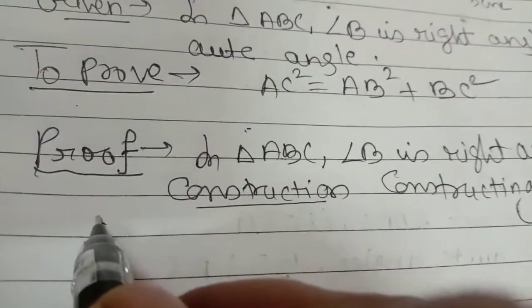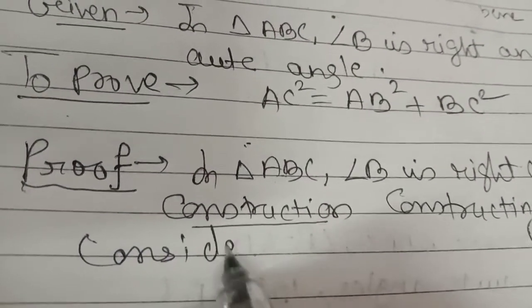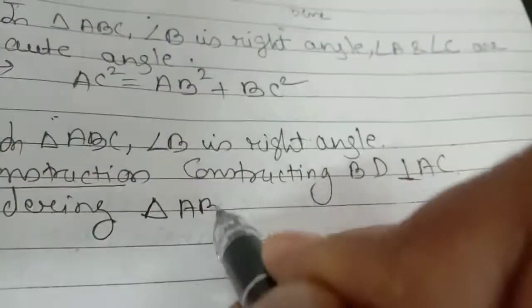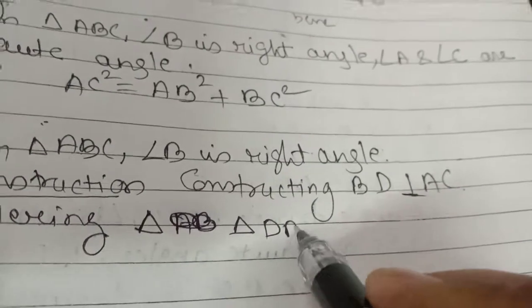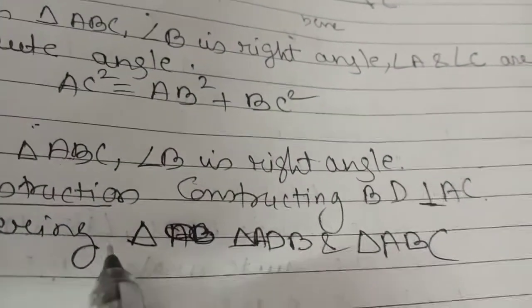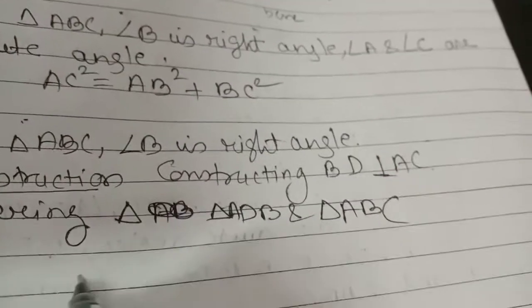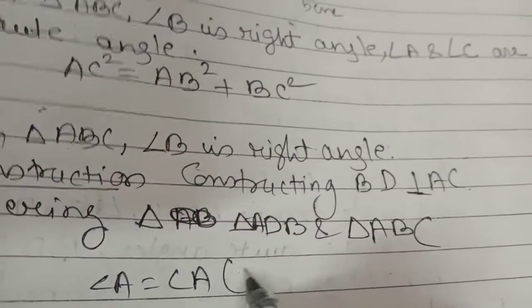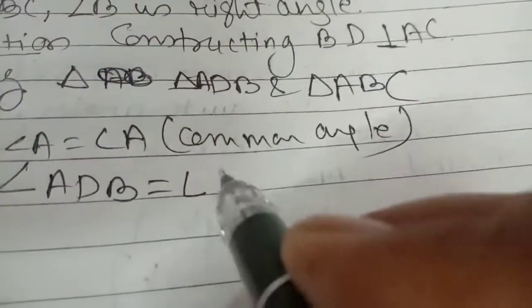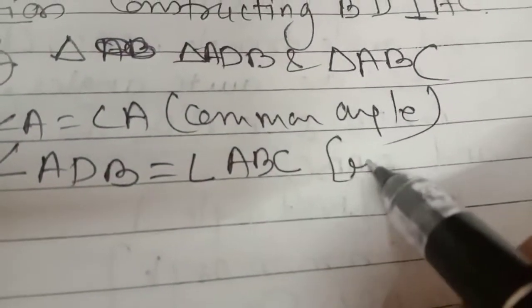So if I am considering triangle ADB and triangle ABC, I can write directly, or if you want, you write there: angle A is equal to angle A, common angle, and angle ADB is equal to angle ABC. It is what? Right angle.